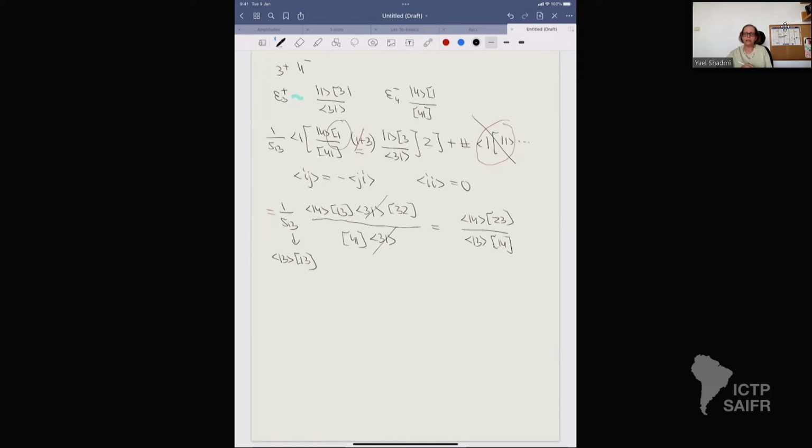Now it's useful to just make sure that we got something sensible. So let's look at the little group weights of everything. Remember that 1 was a minus, 1 came with an angle spinor. So here I have 1 upstairs and 1 downstairs as angle spinors, but I also have 1 downstairs as a square spinor.